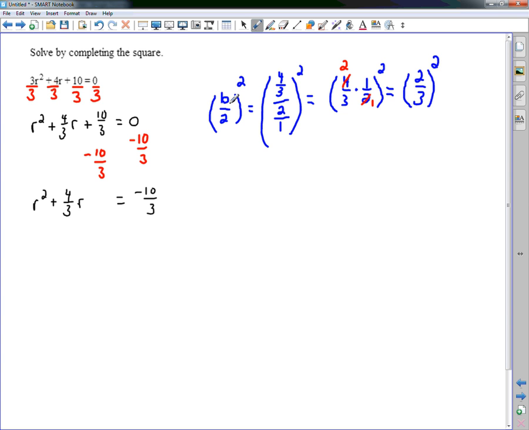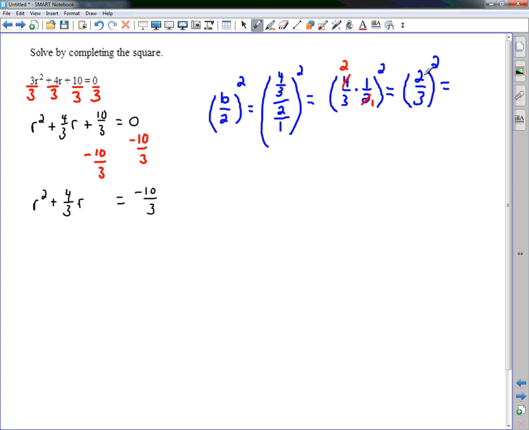So what I've done is I've taken the b divided by 2 and squared. Well, we haven't squared yet. Just taken b and divided by 2. So 4 over 3 divided by 2, made 2 a fraction, flip and multiply, reduced. Now we have 2 thirds squared.